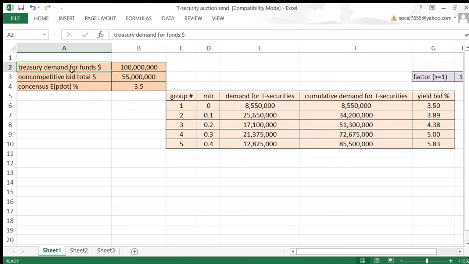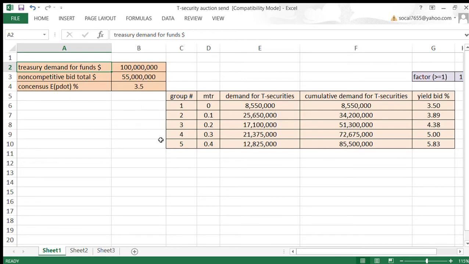We assume the Treasury has a demand for $100 million, and there are some non-competitive bids. Non-competitive bids are bids such that the placers of the bids are willing to take whatever interest rate is determined at the auction.